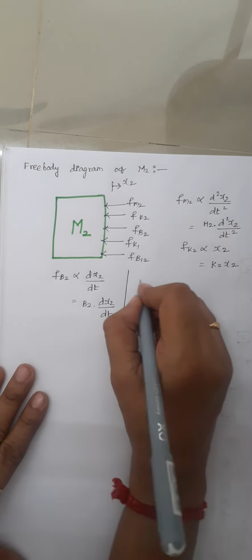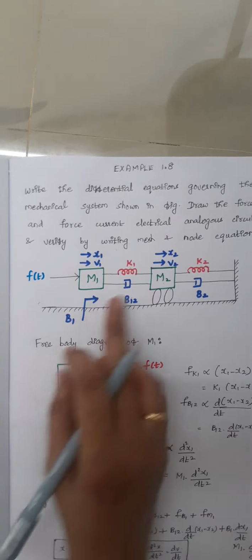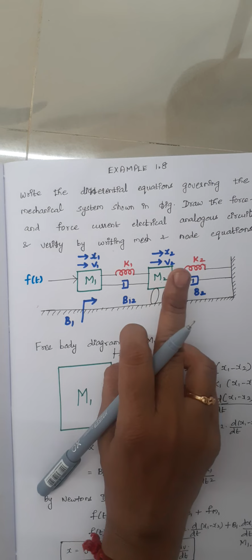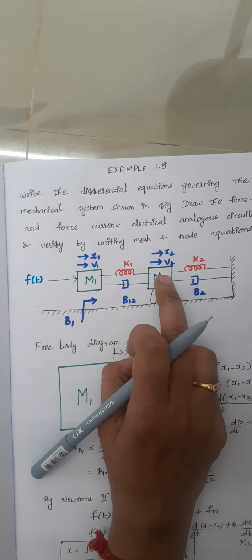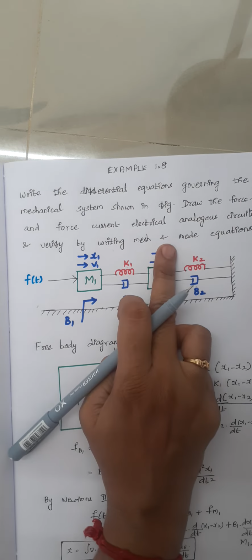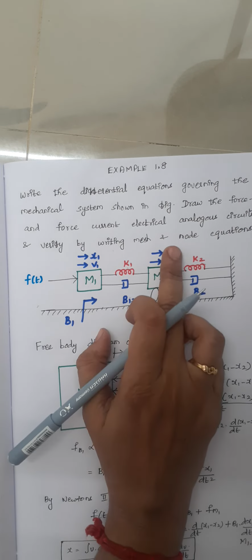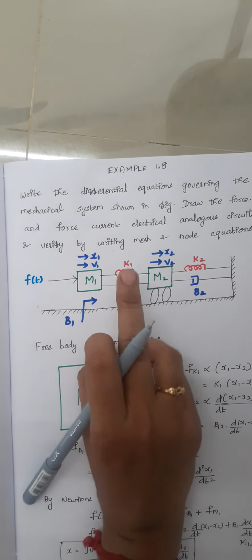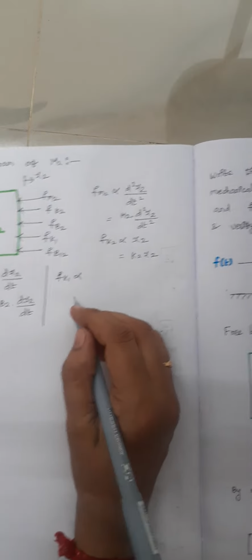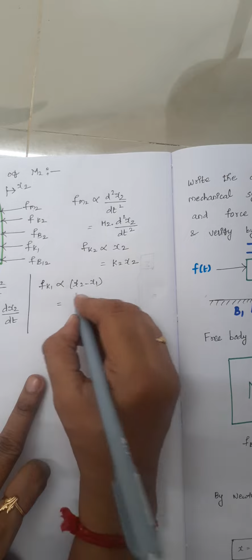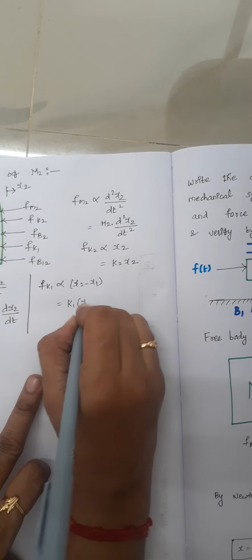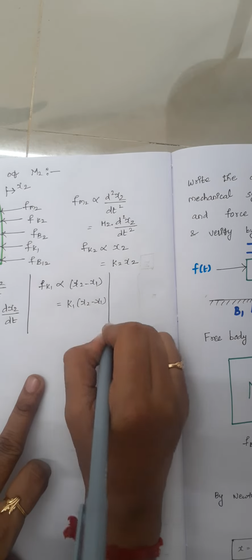And the next one is Fk1. So again this K1 is connected between masses m1 and m2, and now we are drawing the free body diagram of mass m2. So the initial displacement of m2 is x2. So we have to write x2 minus x1, right? So here Fk1 is directly proportional to x2 minus x1, which is equal to K1 into x2 minus x1.